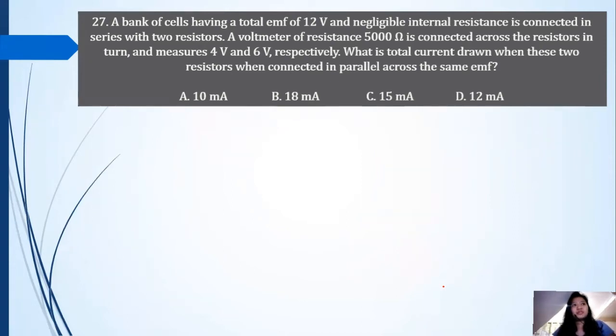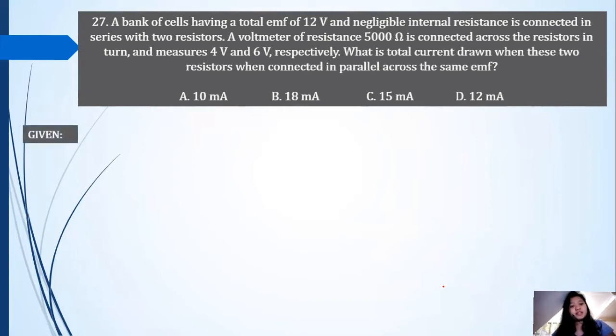What is the total current drawn when these two resistors are connected in parallel across the same EMF? We have here the choices: A, 10 milliamperes, letter B is 18 milliamperes, letter C is 15 milliamperes, and letter D is 12 milliamperes.